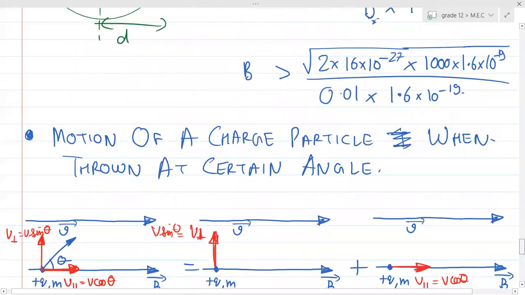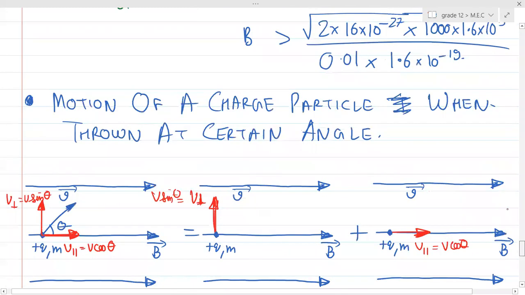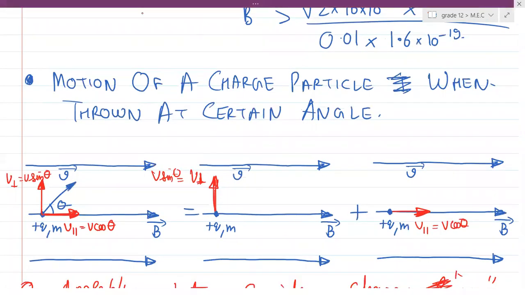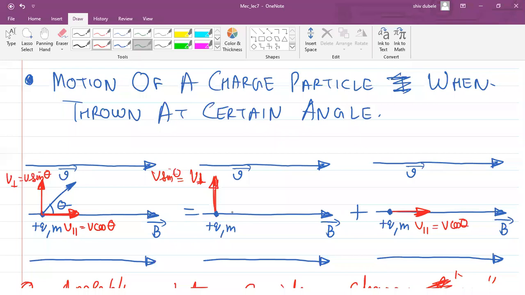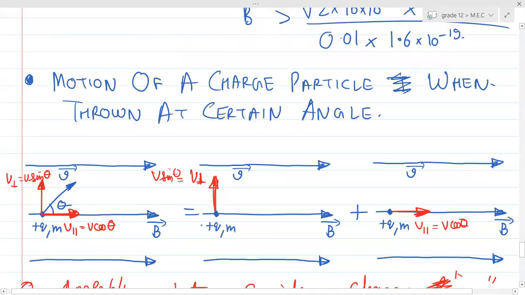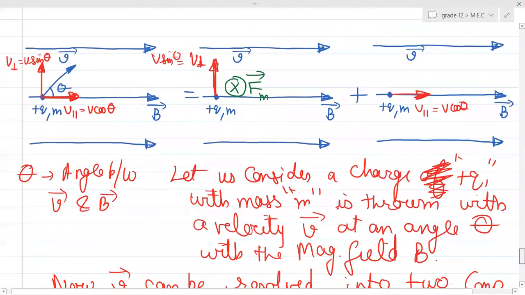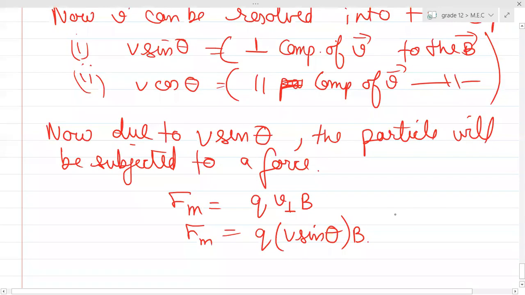What will be the direction of this force? What will be the direction of this force? Everyone? Can you see velocity is upward, magnetic field is right. Is your thumb pointing into the plane? Everyone, is your thumb pointing into the plane? All the fingertips in the direction perpendicular to the magnetic field and move it towards, into the plane.